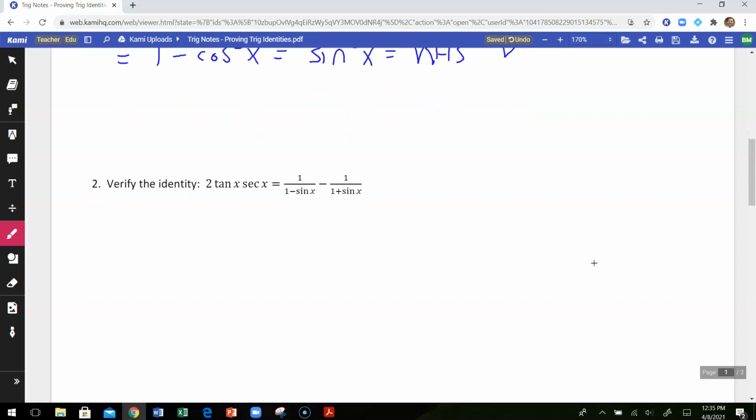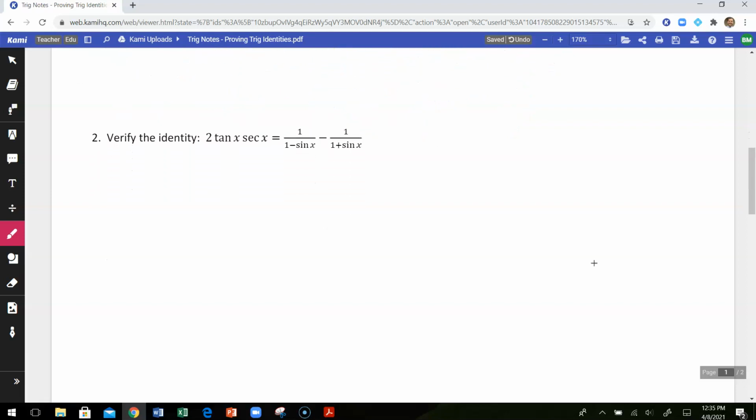Looking at number 2. 2 times tangent x secant x equals 1 over 1 minus sine x minus 1 over 1 plus sine x. Okay. You might say, well, hey, both sides look kind of complicated. Which one do I start with?